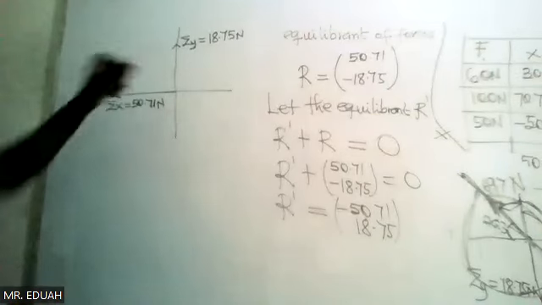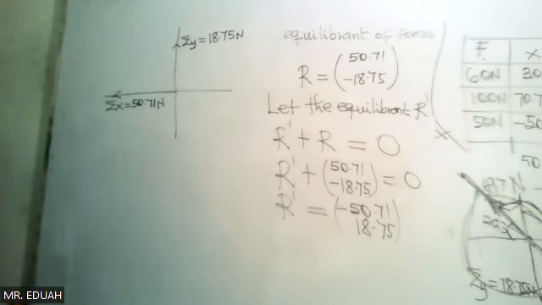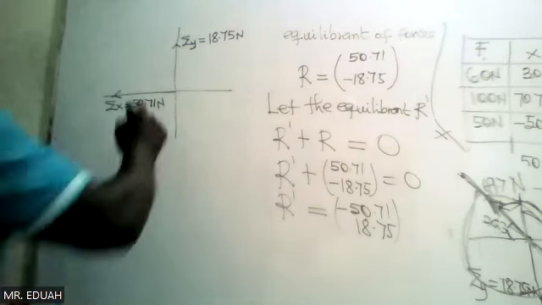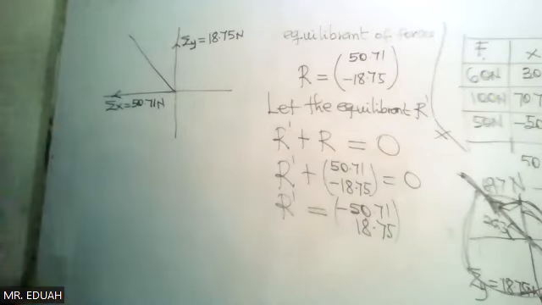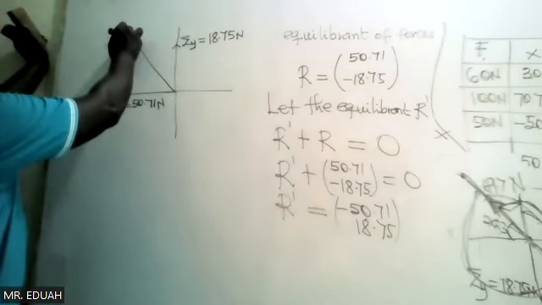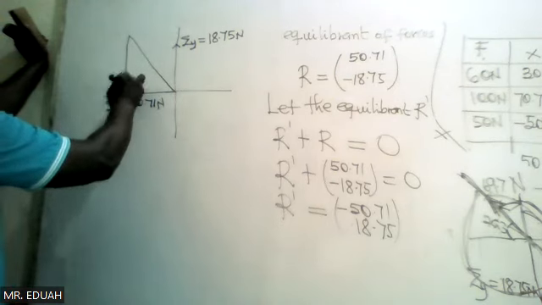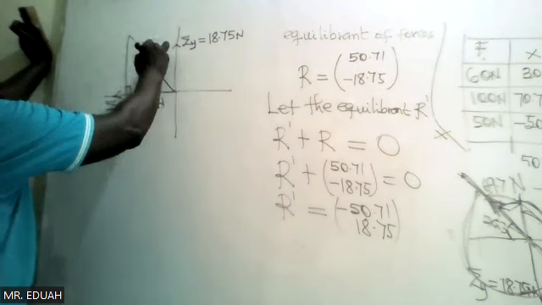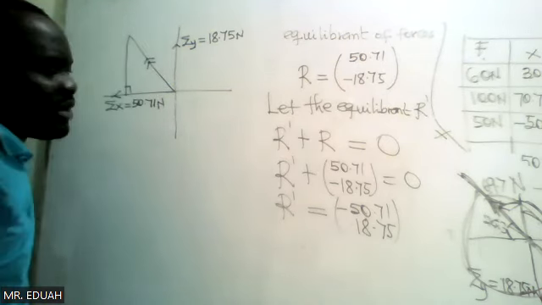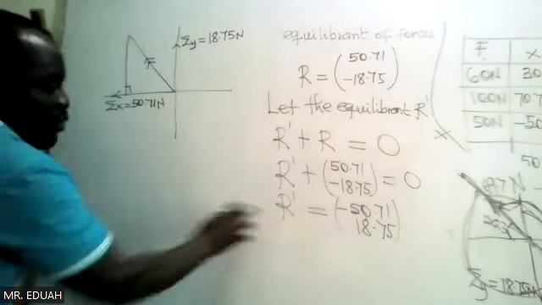What will be the direction of the resultant in this case? Where will the resultant be? Diagonal. Good. It will be along the diagonal. So using Pythagoras theorem, I can find this resultant, and the resultant is the equilibrant.